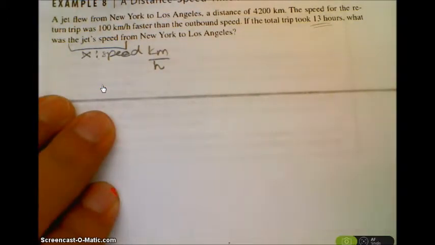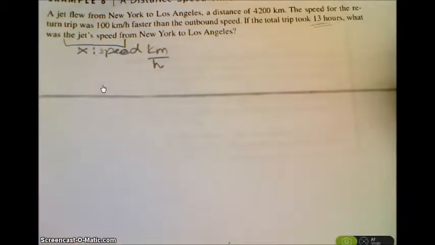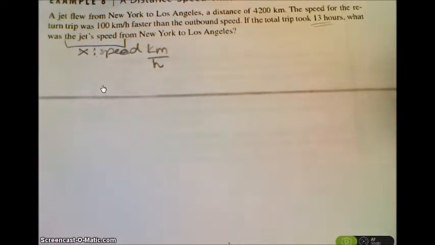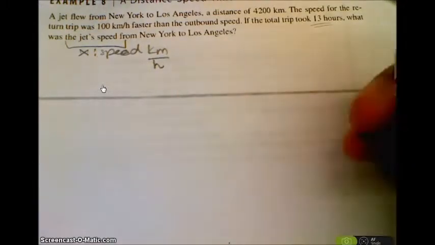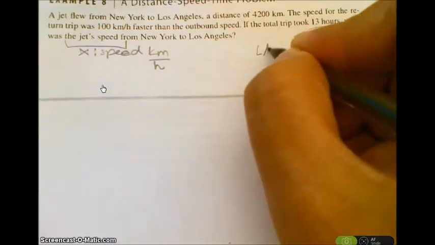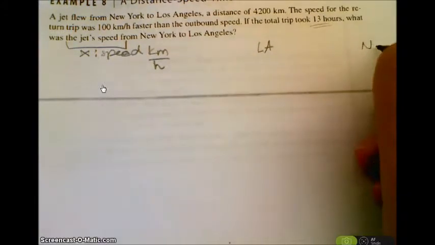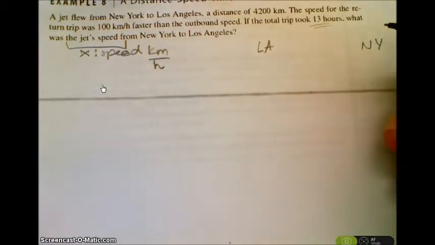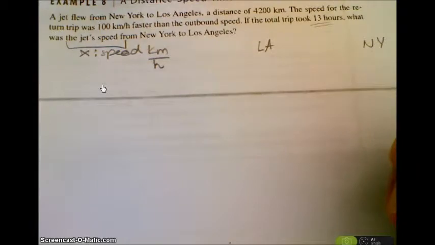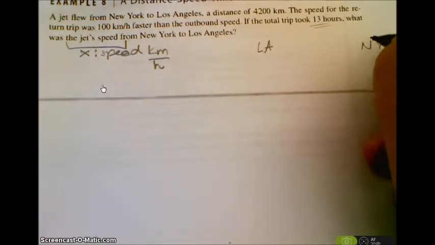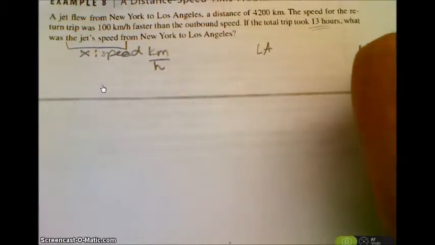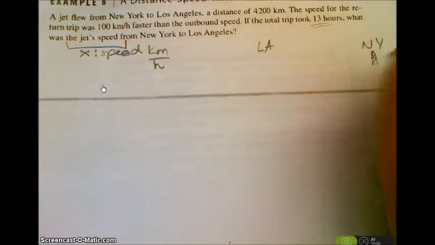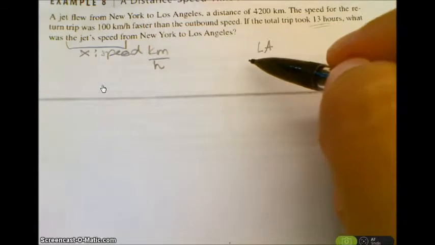Now, there's really no picture, and in this particular problem there's no need for a picture, but if you want, you can have a picture so that you understand what it is. So Los Angeles will be on the left, and New York will be on the right, just to be consistent with how the US is. New York maybe has the Empire State Building, and then Los Angeles, what do they have?